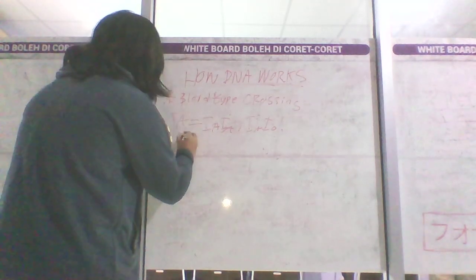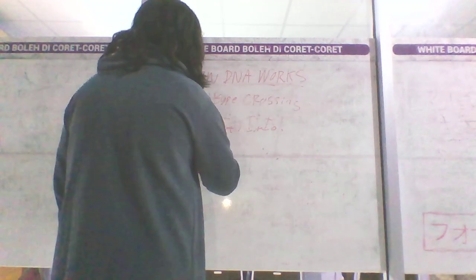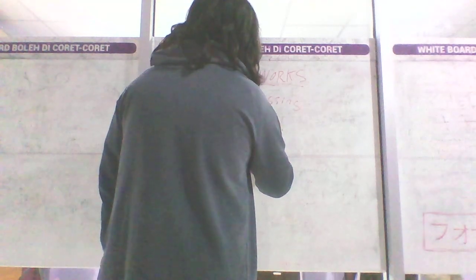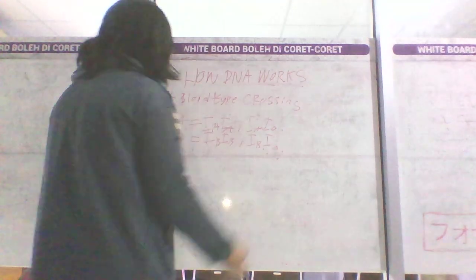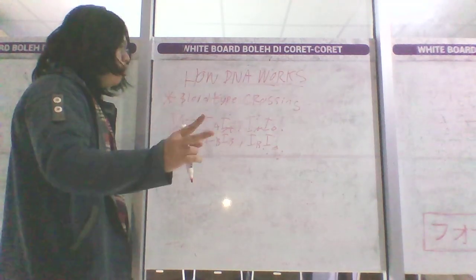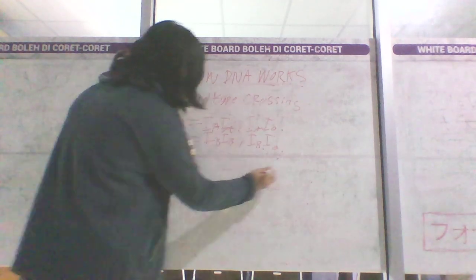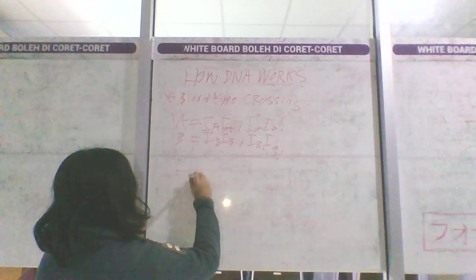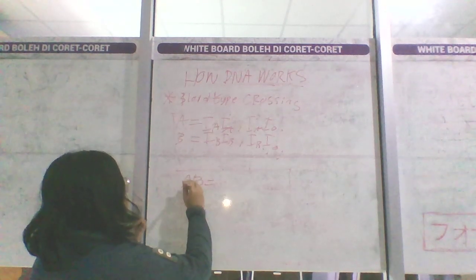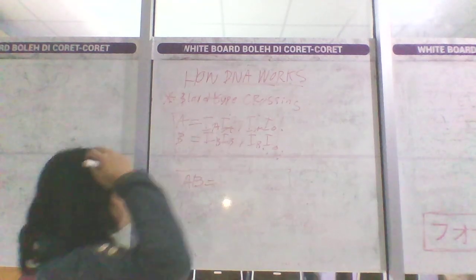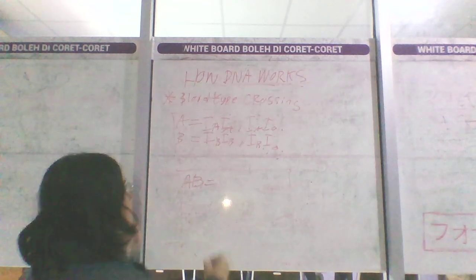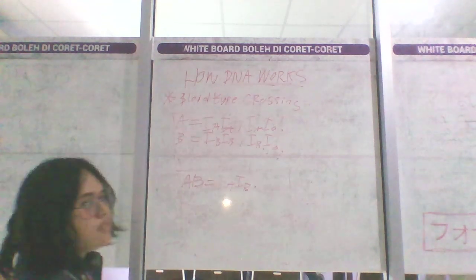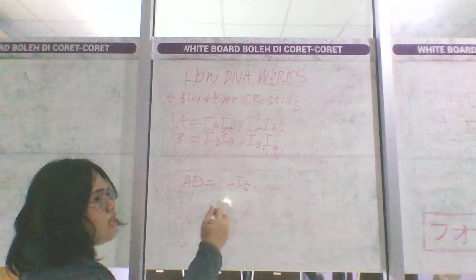Next, blood type B, the same, we just change the letters: EB and then EO. And more, we have 2 blood types left. Next, we have AB. The gametes of AB are EA and EB, just once for AB.